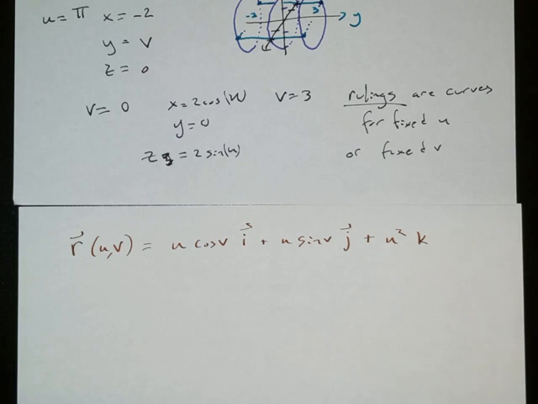On the other hand, let's fix v. Well, then x and y are number times u, aren't they? Z is still u squared. That's the parametric description of a parabola, t squared, isn't it?